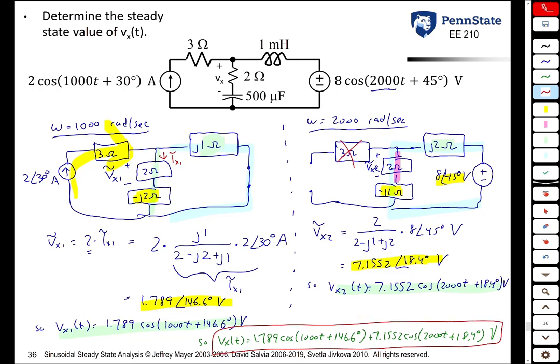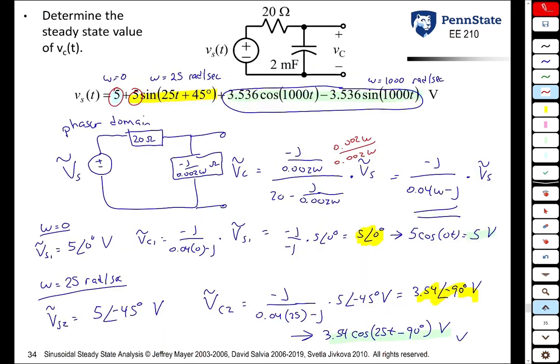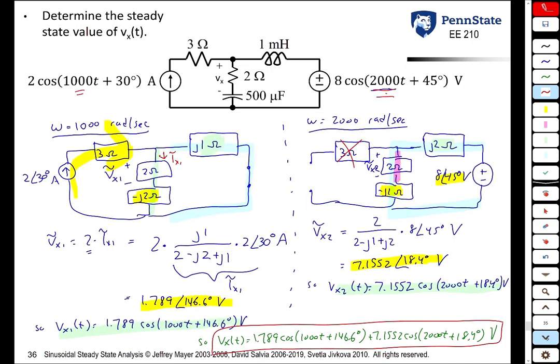So we see in these two examples, whether you have two different sources operating at two different frequencies, or a single source operating at multiple frequencies, you use the superposition principle and do a sinusoidal steady state solution for each frequency and then add the final time domain answers together.